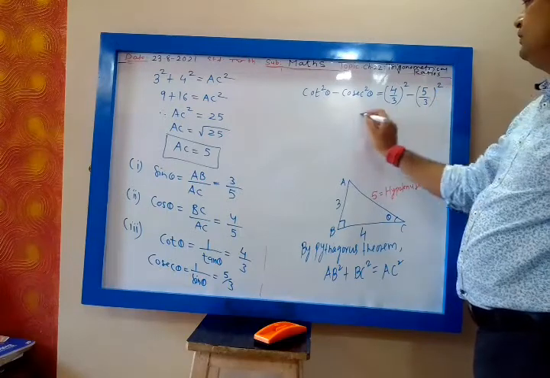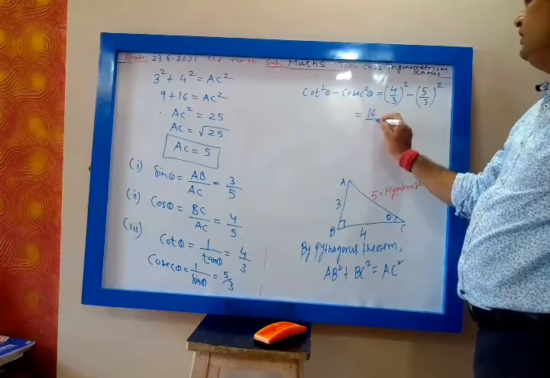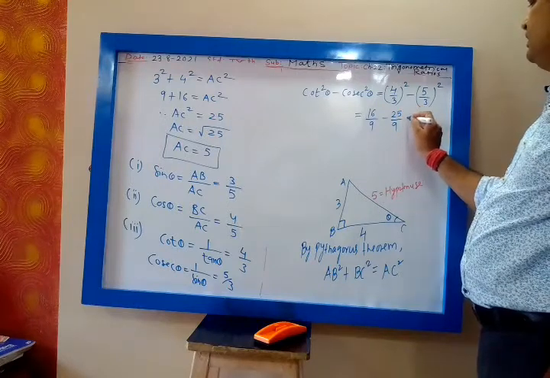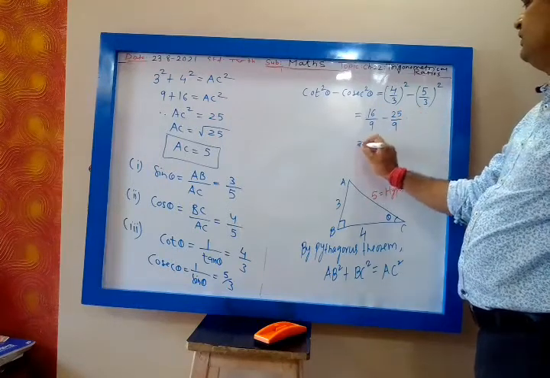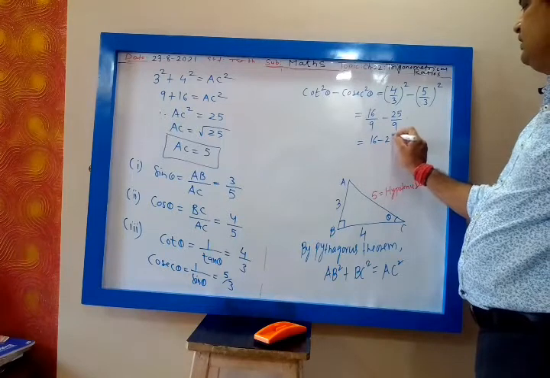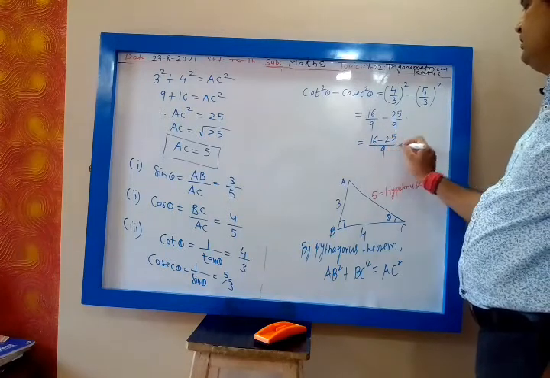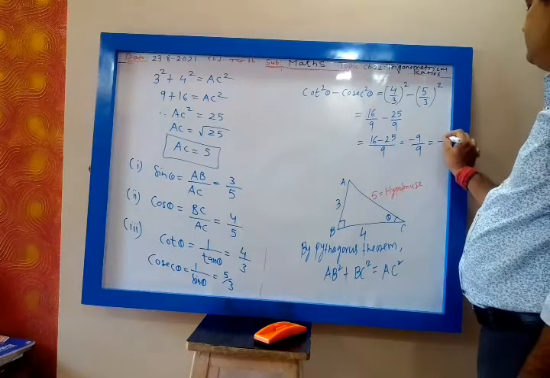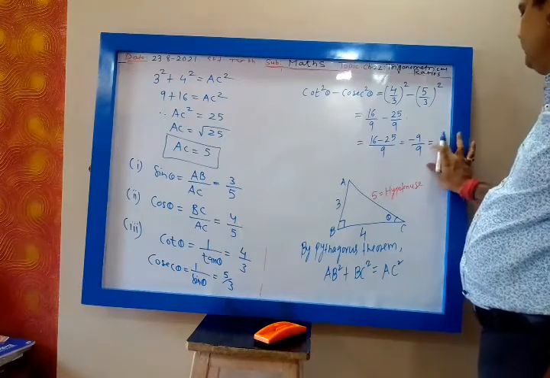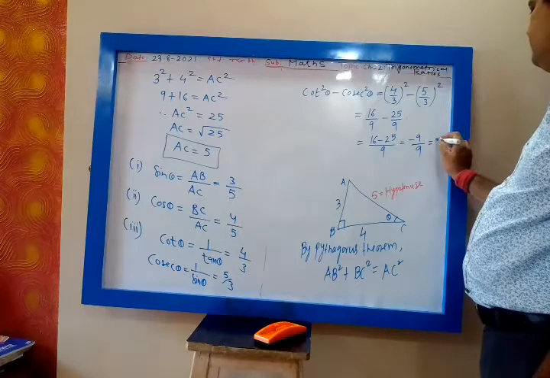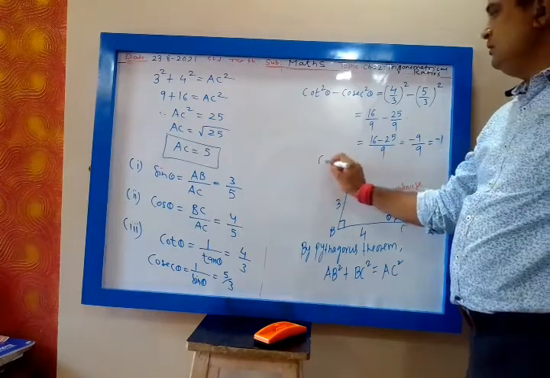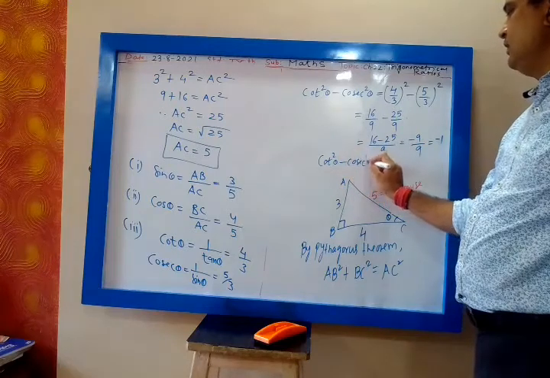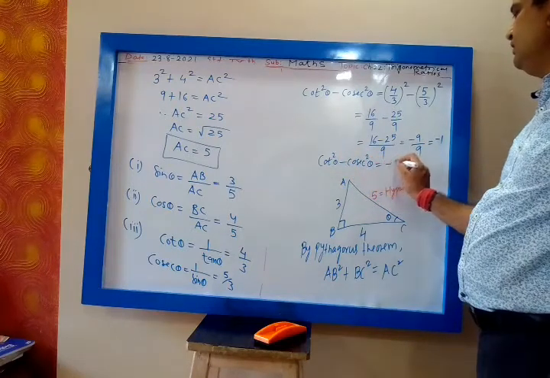So that is 16 by 9 minus 25 by 9. 16 minus 25 by 9 is minus 9 by 9, which is minus 1. So cot square theta minus cosec square theta value is minus 1.